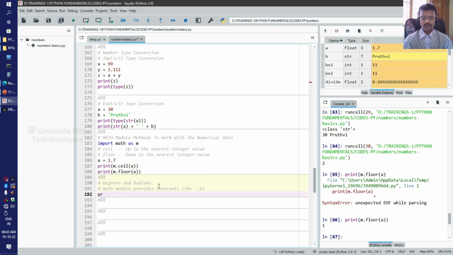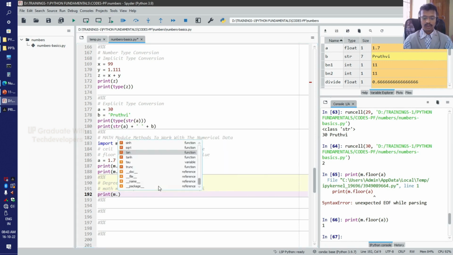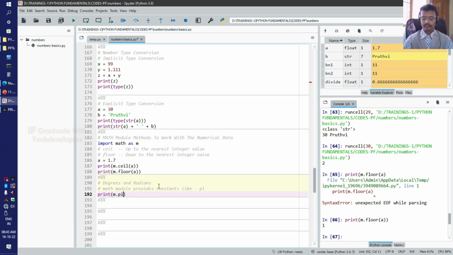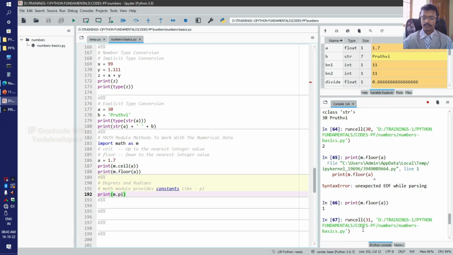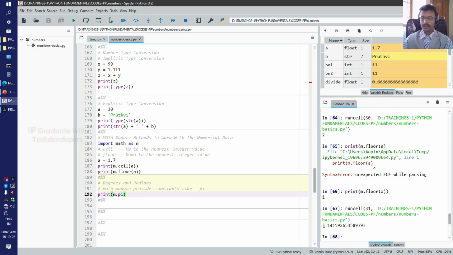For example, let us print m dot pi. So here I would like to print the pi value. So here is the pi value, 3.141592653589793.